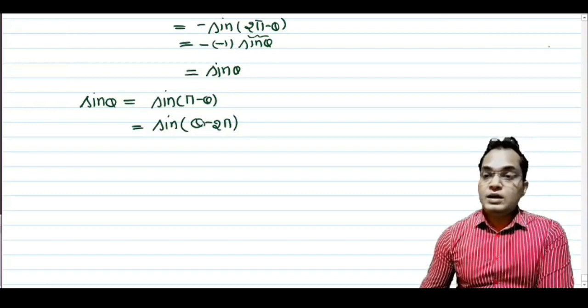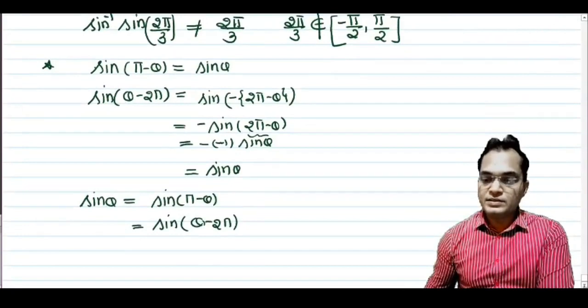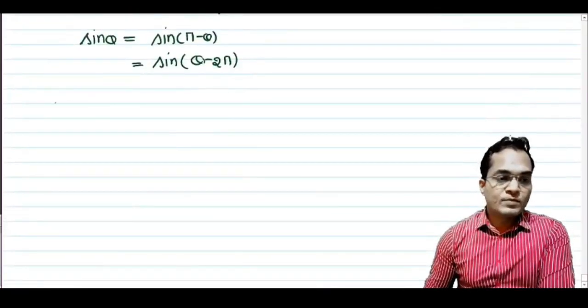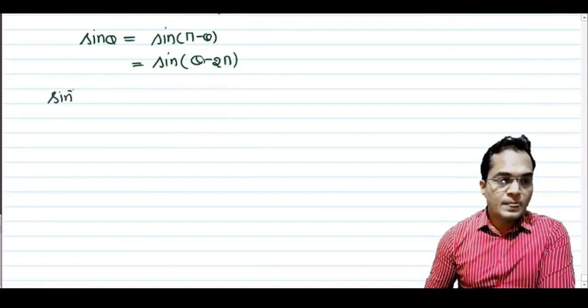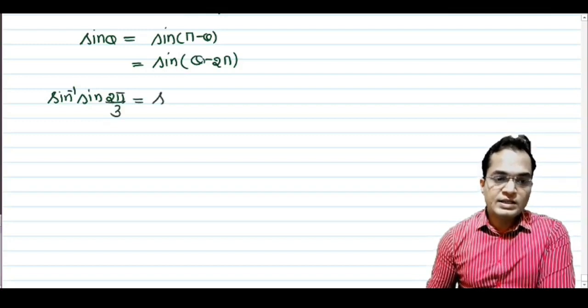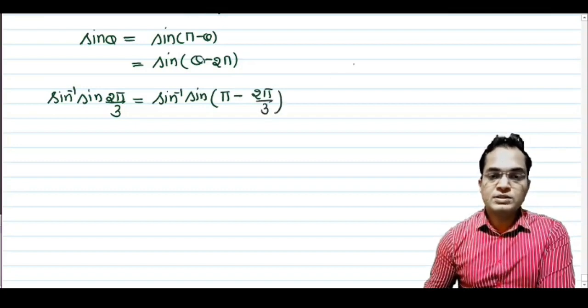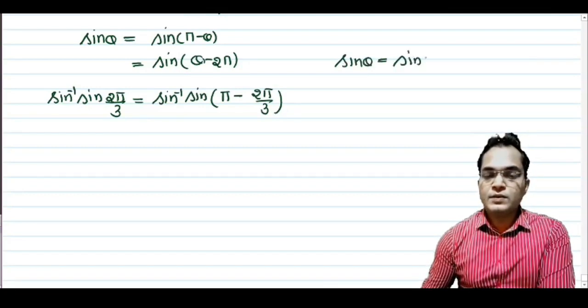Now let's have a question. Our question is: sine inverse sine 2 pi by 3. Now I can write this as sine inverse sine of 180 minus theta, because as we know sine theta equals sine of 180 minus theta.